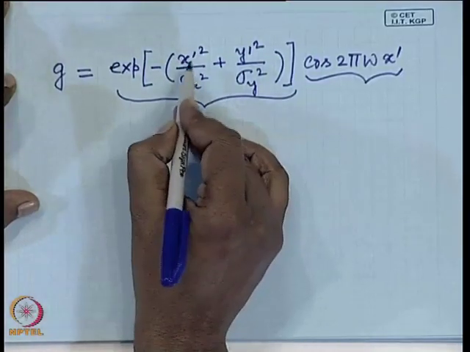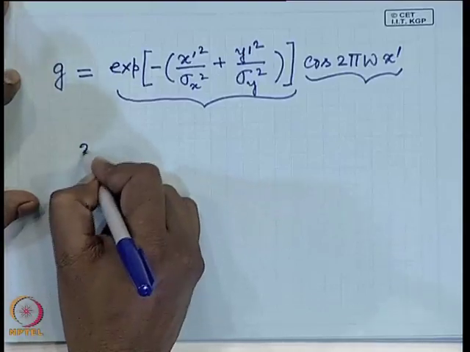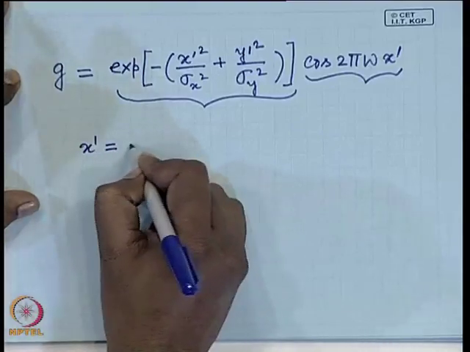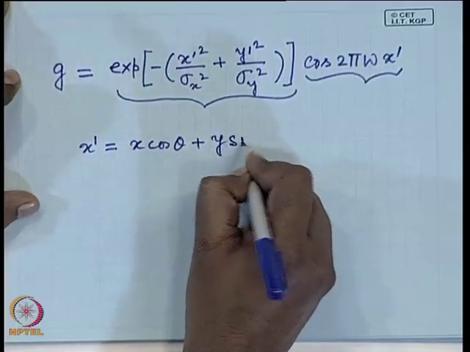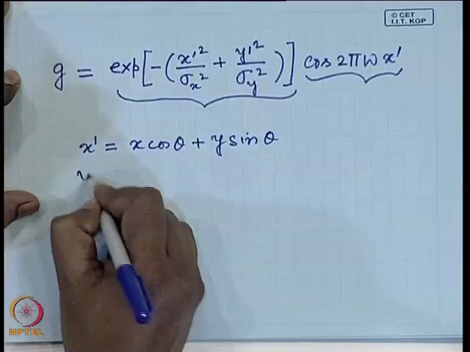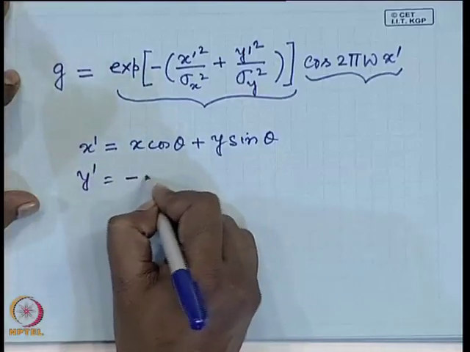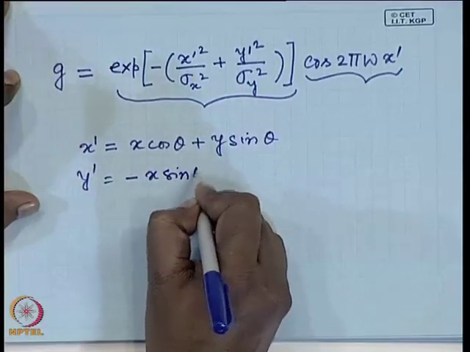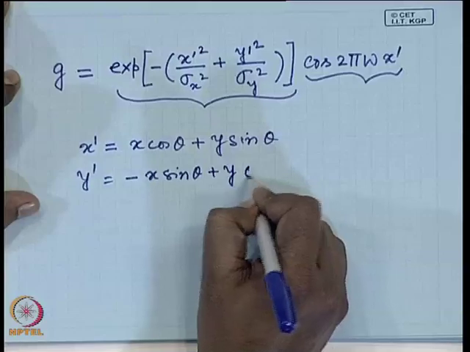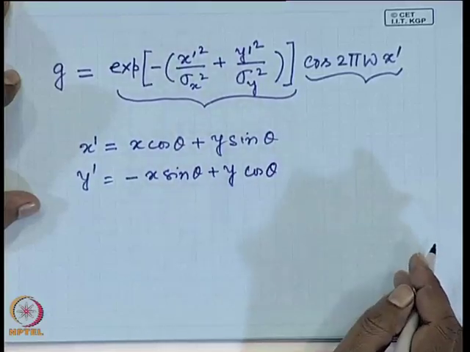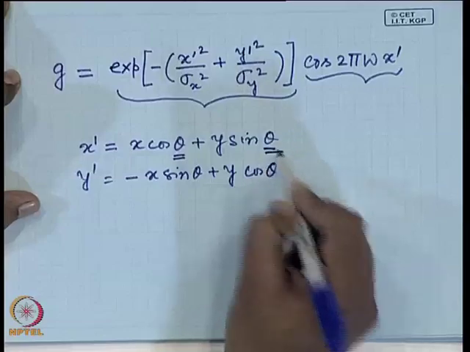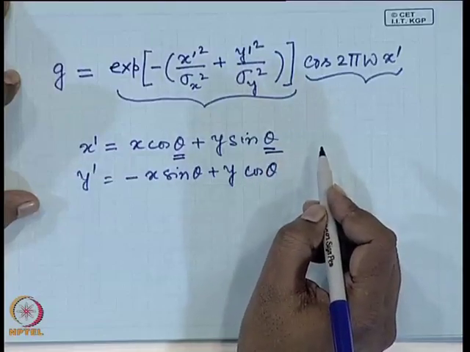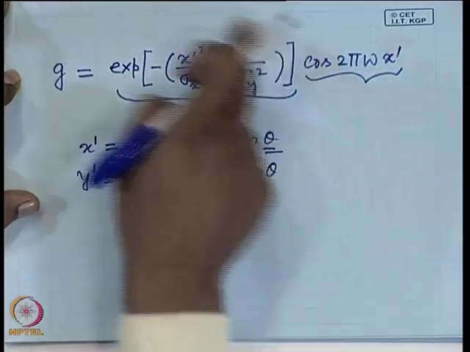And this x prime and y prime are given by x prime equals x cosine theta plus y sin theta, and y prime equals minus x sin theta plus y cosine theta, where theta is the orientation of this Gaussian envelope.